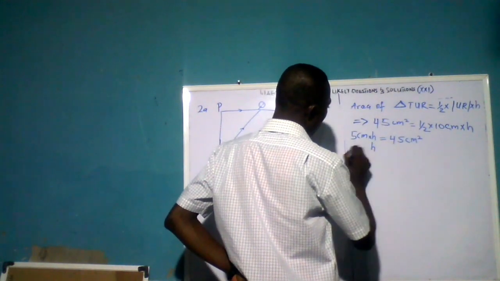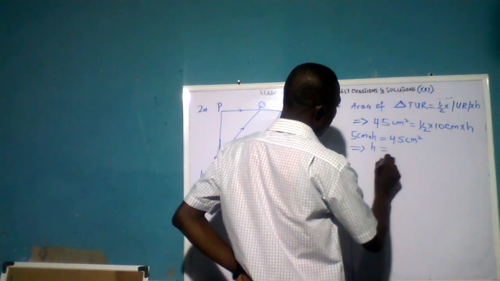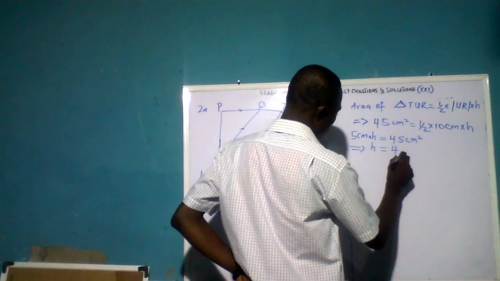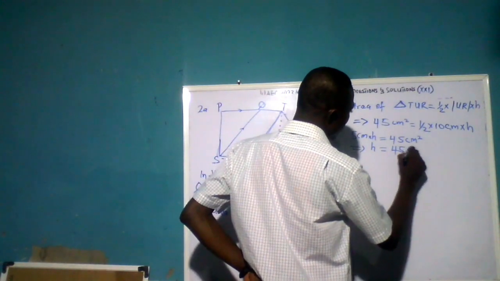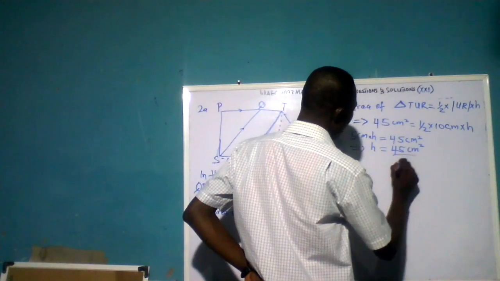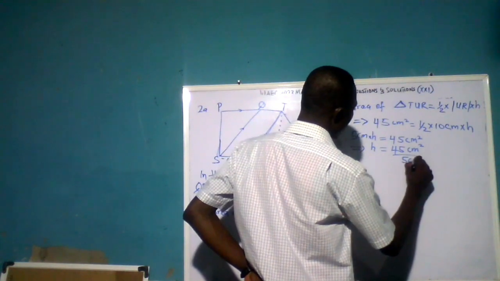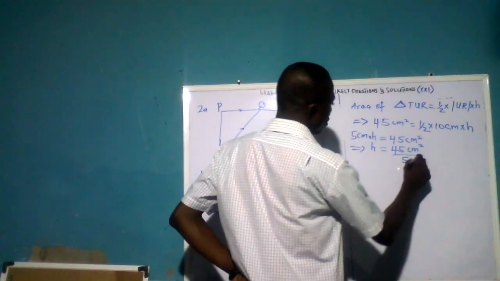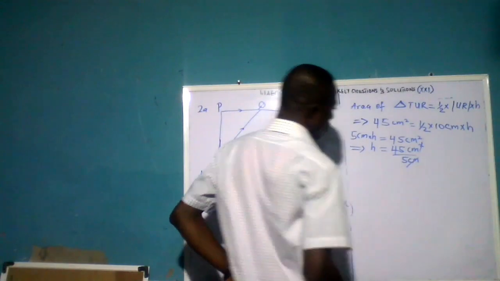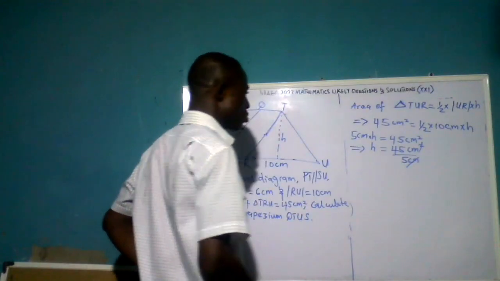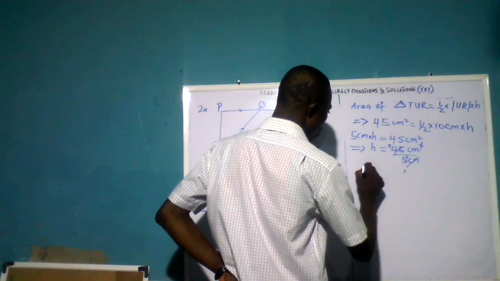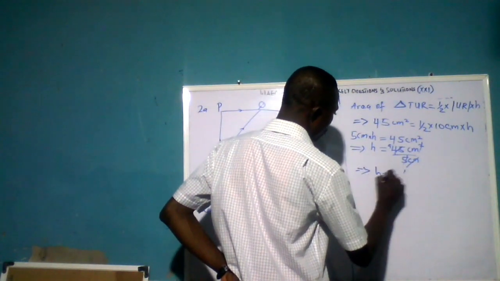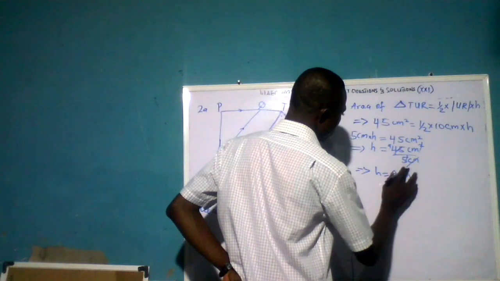If you divide both sides by 5 centimeters, h is equal to 45 centimeters square over 5 centimeters. We cancel one centimeter out of centimeter square, so you are left with centimeter, and 45 divided by 5 is 9. So h equals 9 centimeters.